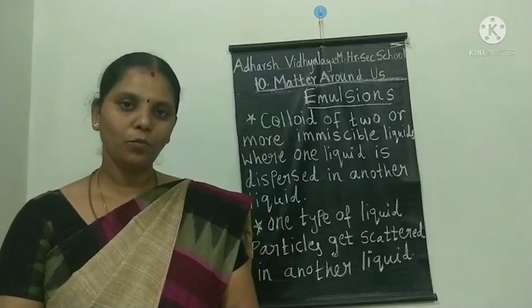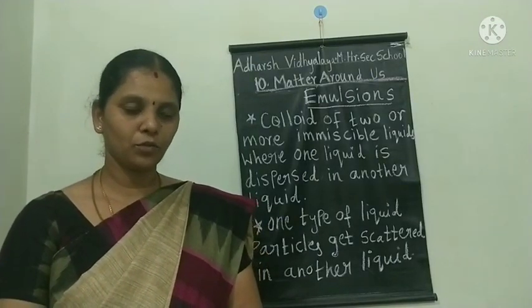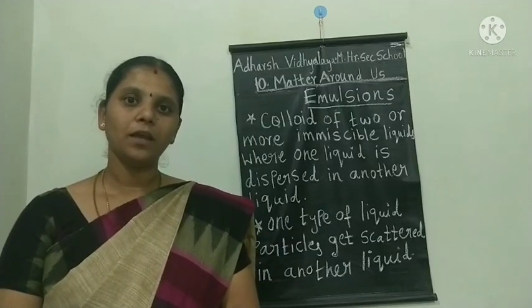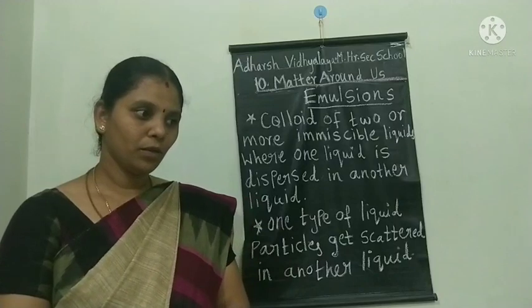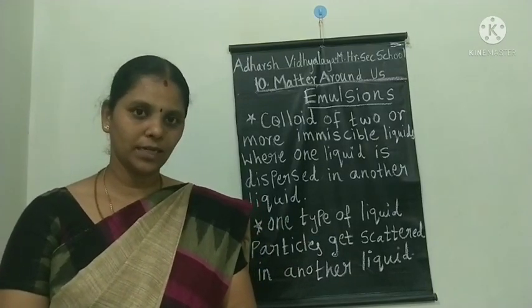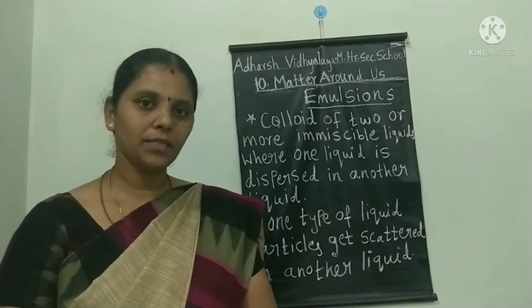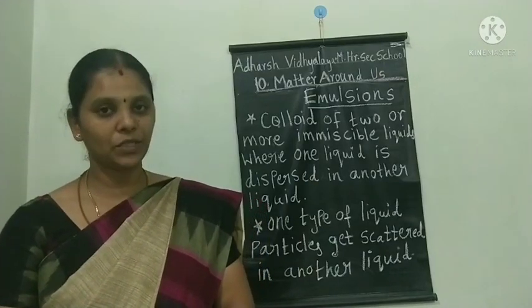What does it mean? Brownian movement means that when colloidal particles are viewed under a powerful microscope, they move randomly and constantly in a zigzag direction.